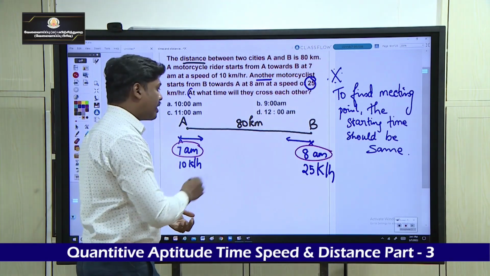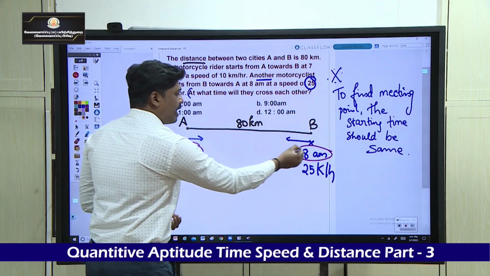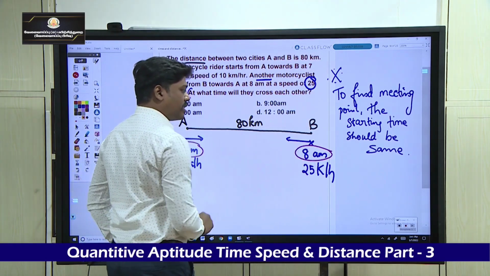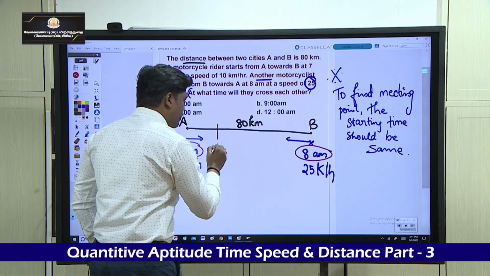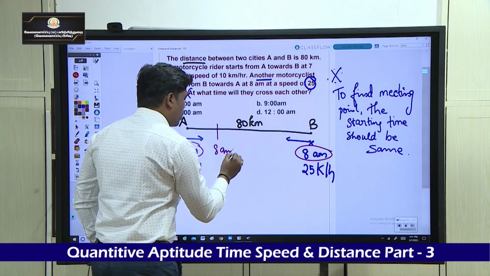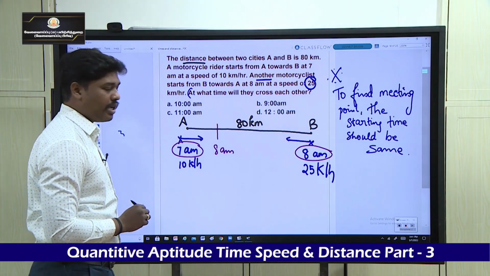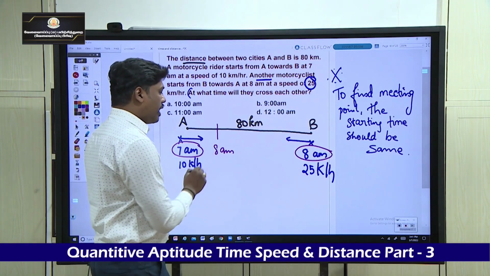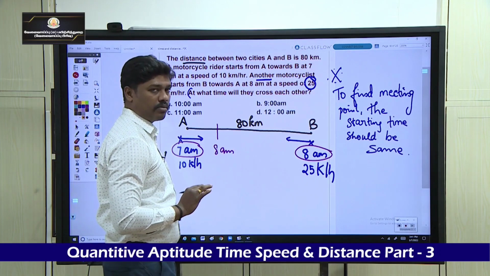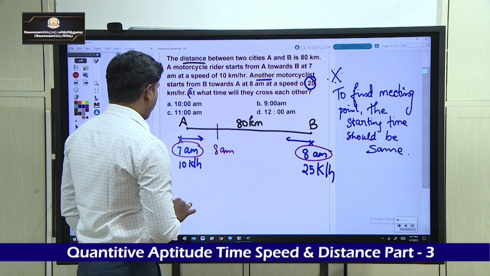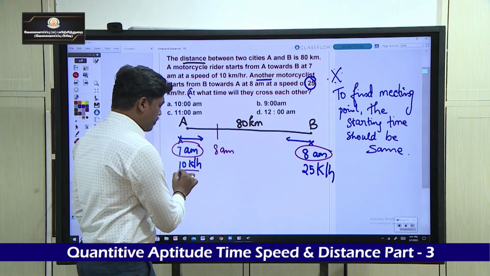So, what I can do here is, at 8 o'clock, when the person starts here, find where A would be at 8 am. Look at the speed here.